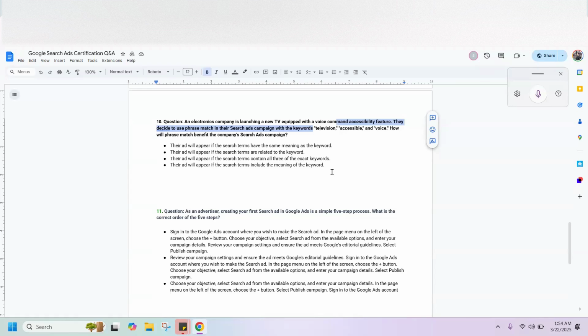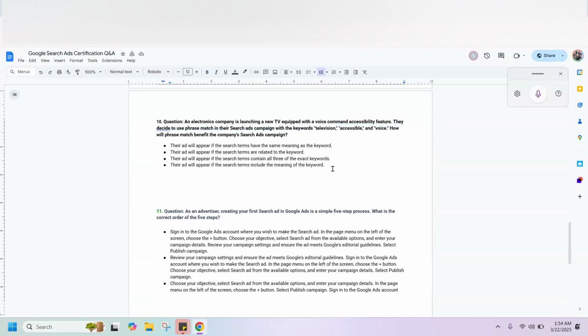The same meaning, and including the meaning. There is a disable placements. Television. I don't know this one.